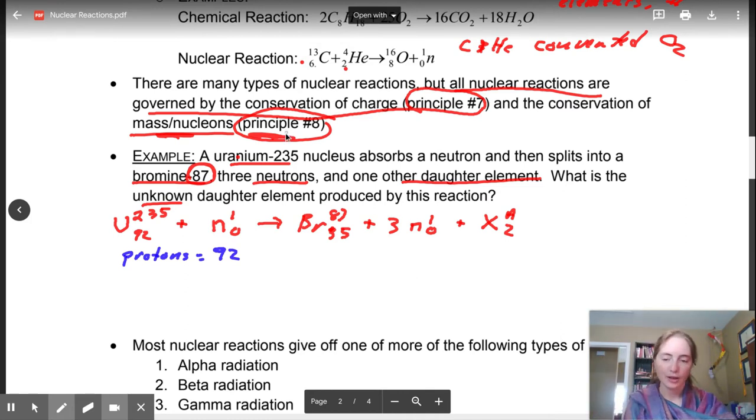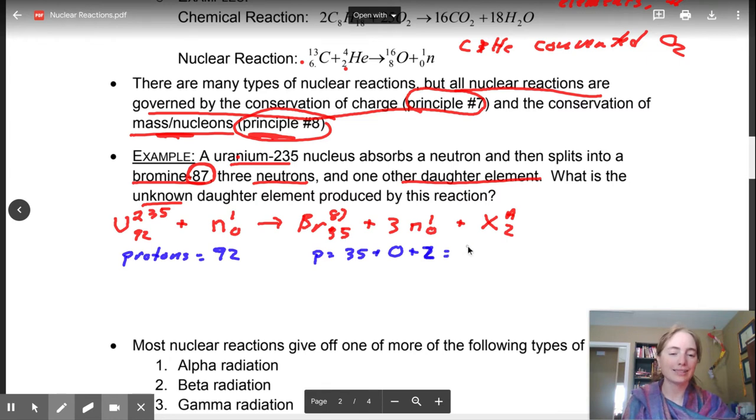But I have 35 with the bromine, plus 0 here, plus this value of Z. Well, how do I get this? What's the total number of protons have to be? That's a Z, not a 2, okay, guys?